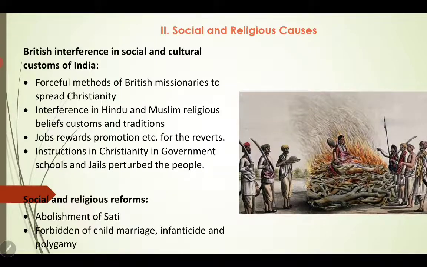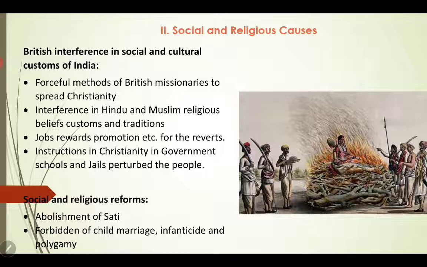Now, let us learn about social and religious causes. Involving in political matters is a part of subjugation of the colonies, imperialism. Expanding of one's nation is called imperialism, and interfering in others' political arena is a part of it.